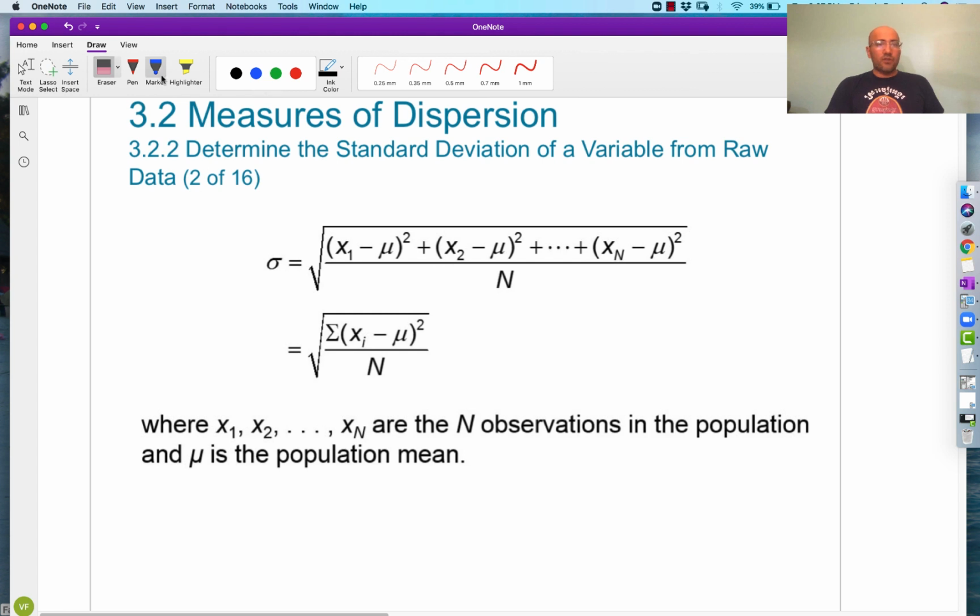Okay, so this is just a way of expressing this up here. And this is still sigma, the standard deviation of a population. Capital N is the number of observations in a population, and remember that mu is the mean of a population. So this is definitely the standard deviation of a population.